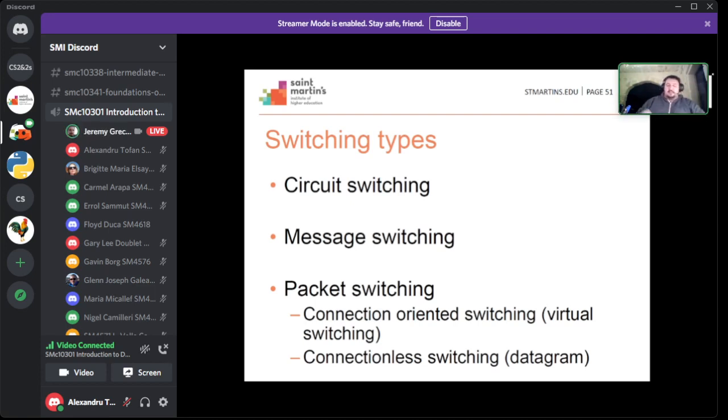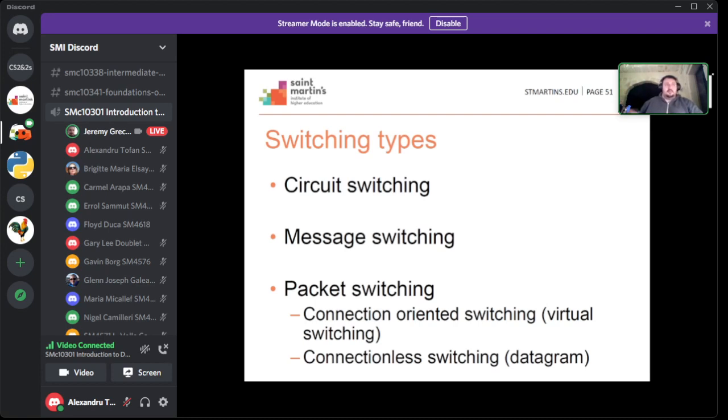Message switching essentially does not require that you have a dedicated circuit from sender to receiver. However, the message as a whole will be transmitted across a path from sender to receiver.